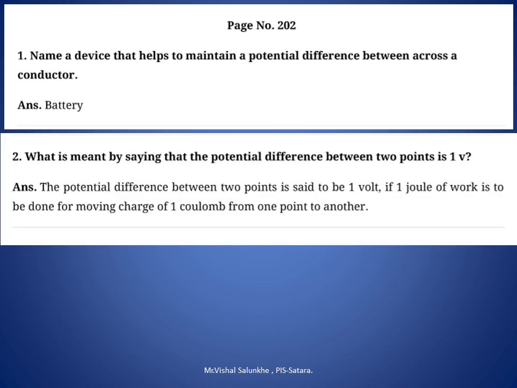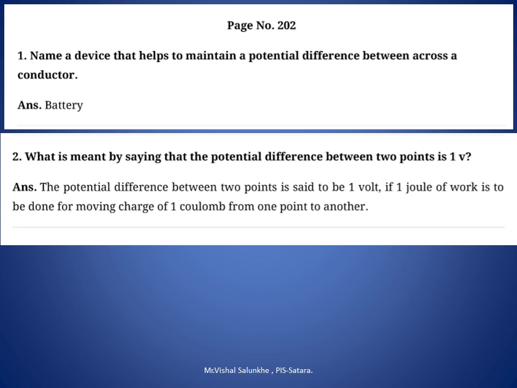Next, what is meant by saying that the potential difference between 2 points is 1 volt? My dear student, we know that potential difference is nothing but work done upon charge. So if you see the unit of potential difference, 1 volt is equal to 1 joule upon 1 coulomb.